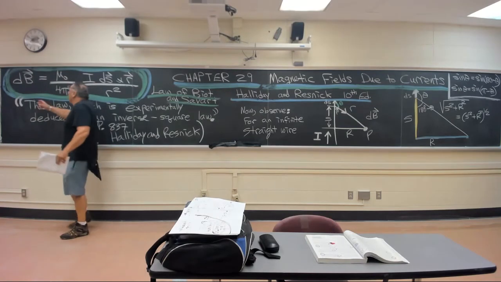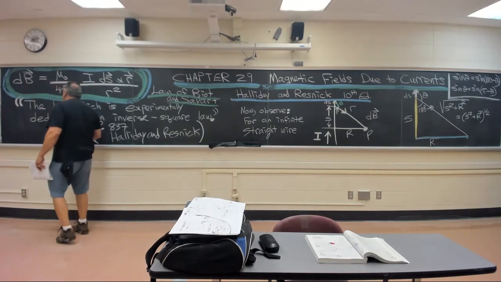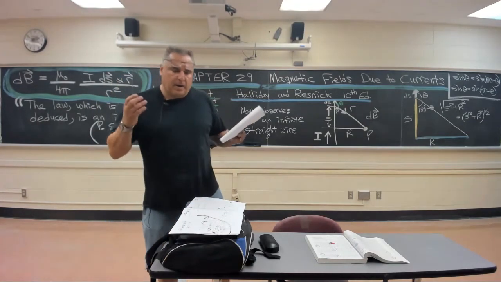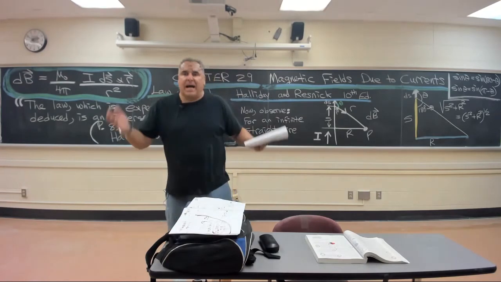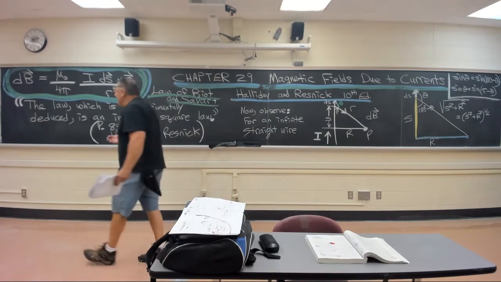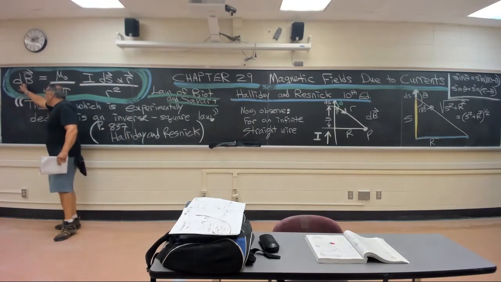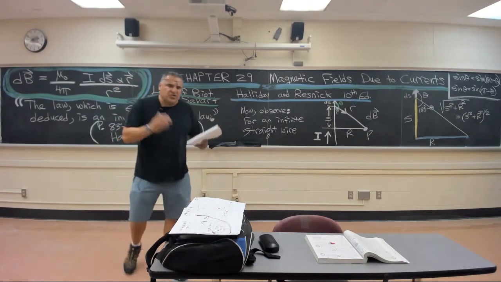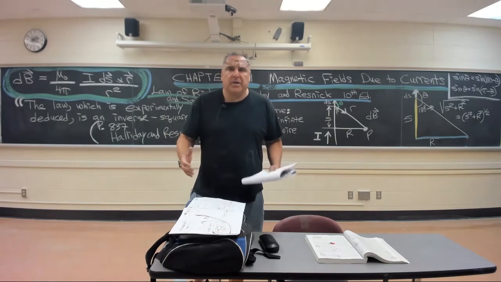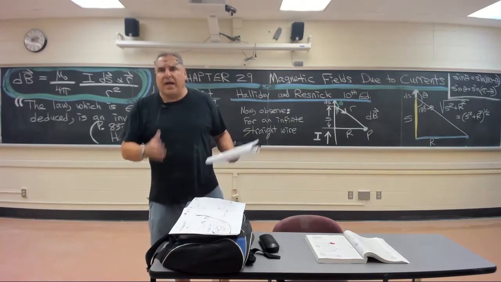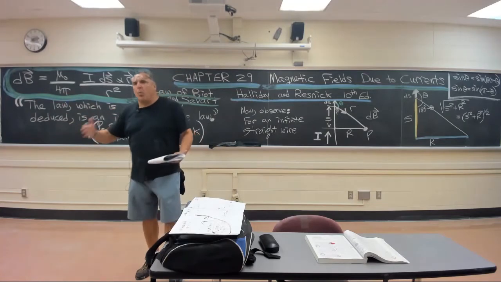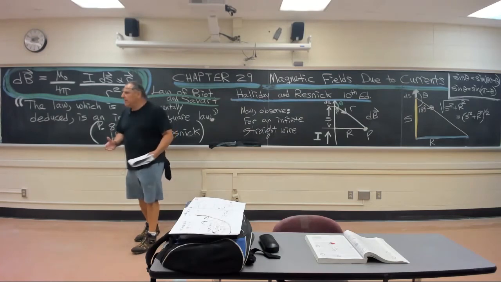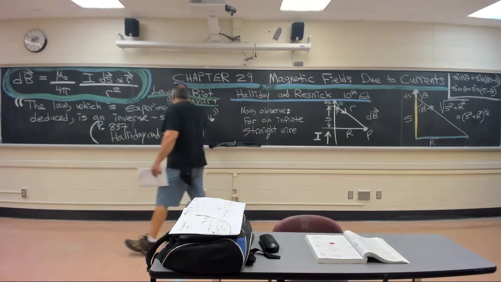The differential B field associated with an element of current, an infinitesimal for our purposes, a very small infinitesimal, the element of a B field associated with an infinitesimally long segment carrying current, and what that does at a particular point away from the current, what kind of B field is produced at that point, pertains to the law of Biot and Savart.